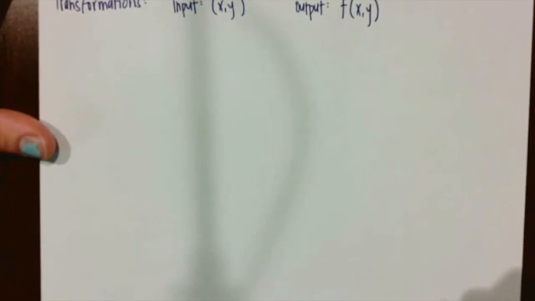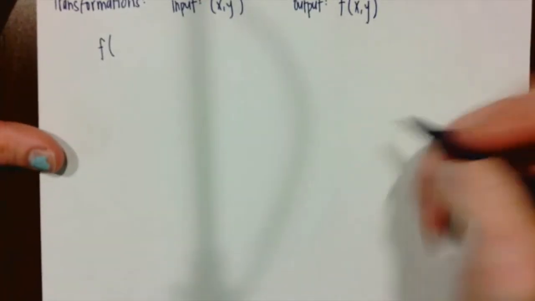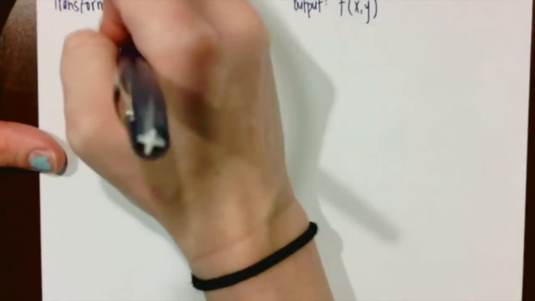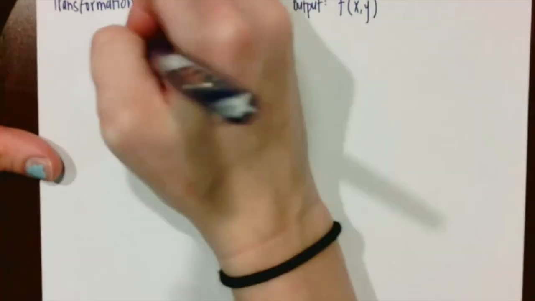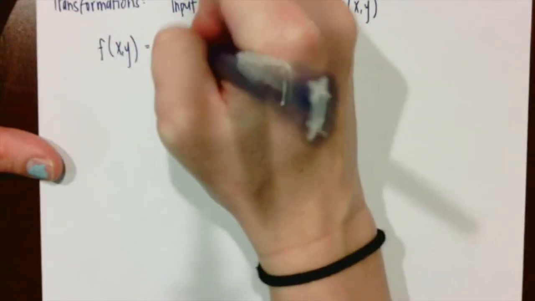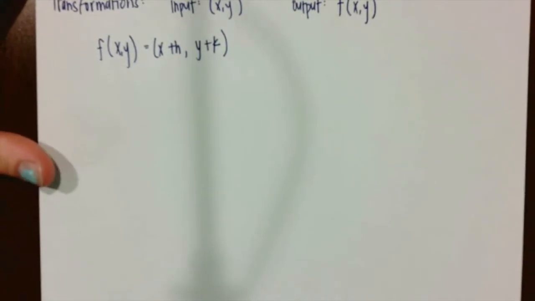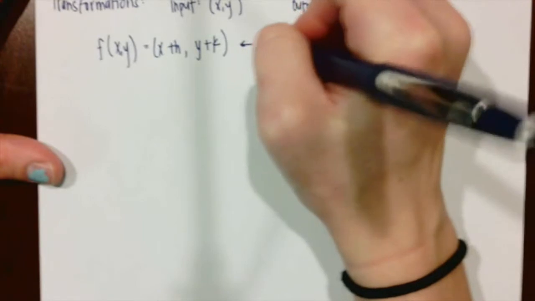So let's say I have transformation f of x, y. We could write that by saying x plus h, y plus k. This would be an example of a translation.